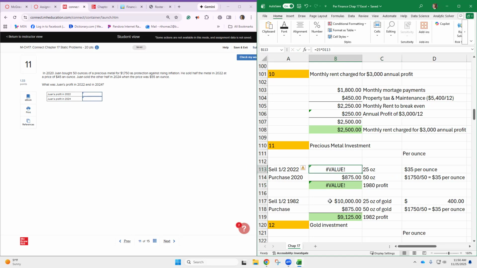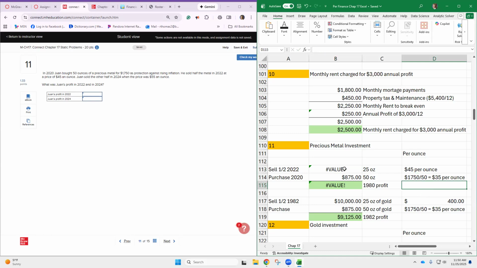Okay, so what is the value? All right, so now it's 2022 when the price was $45 an ounce. Okay, $45 an ounce. So this is the price now.